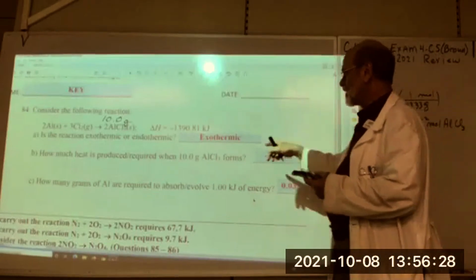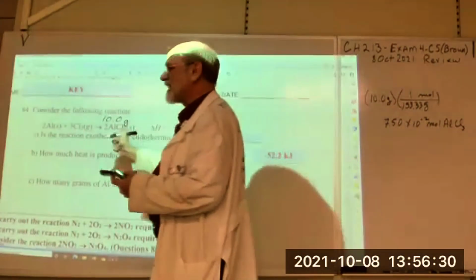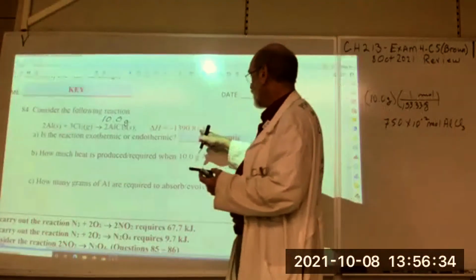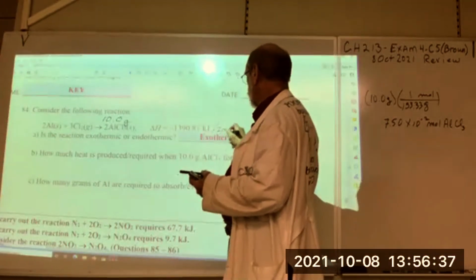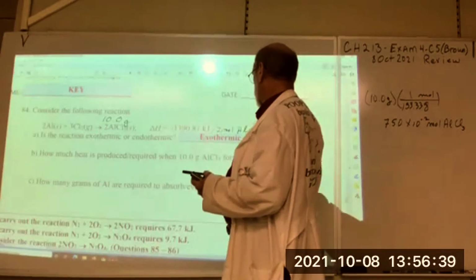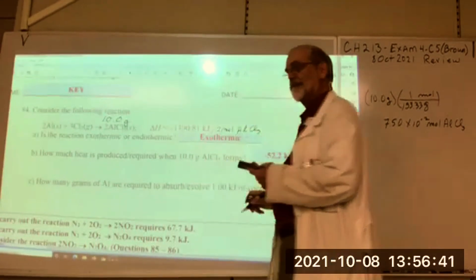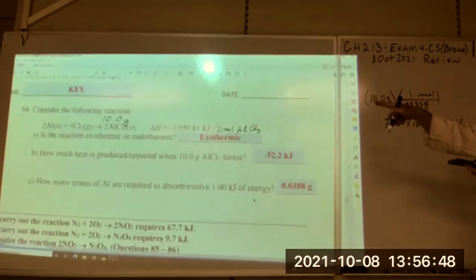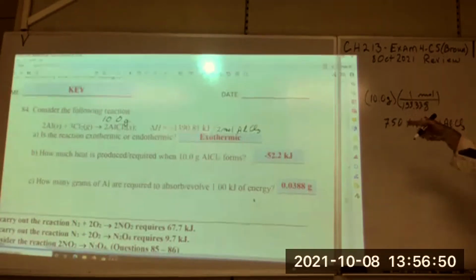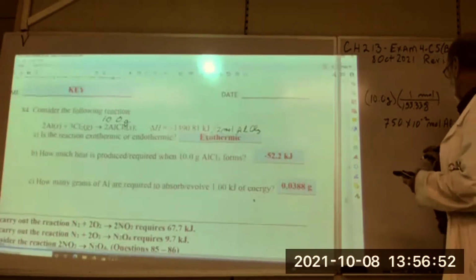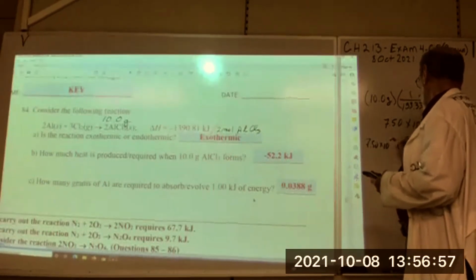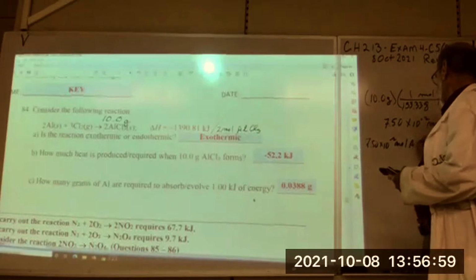Now, what is this value in terms of? It's in terms of the entire reaction, right? So this is per 2 moles aluminum chloride, right? So if we're going to use this and convert it to enthalpy, or the heat generated, then we need 7.5 times 10 to the minus 2 moles of aluminum chloride.